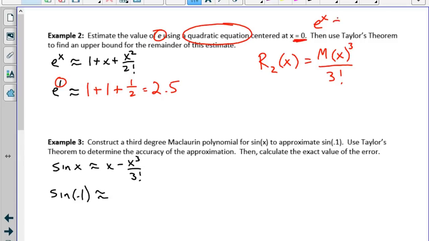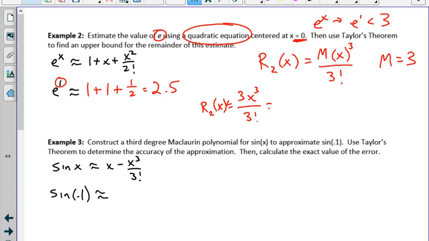But since e is kind of nasty to calculate, I'm just going to notice that e to the 1 is less than 3, and 3 is a pretty decent bound for that. So I'm going to replace M with 3. Let's just call the maximum possible derivative in this particular case 3. So I have 3 times x cubed over 3 factorial. This is what I'm calling R sub 2, which is less than or equal to this.